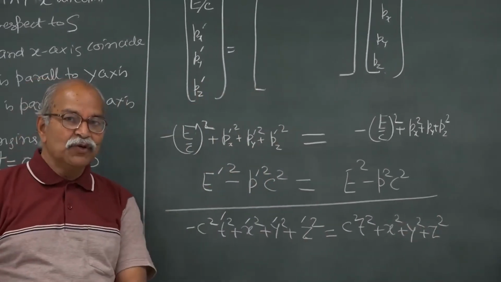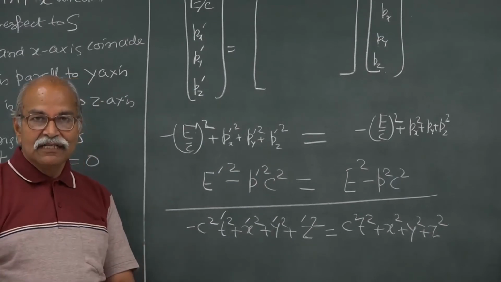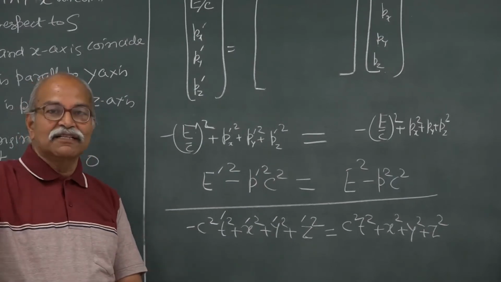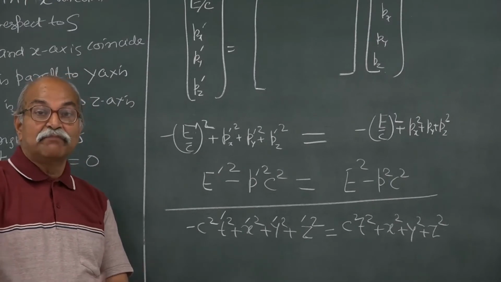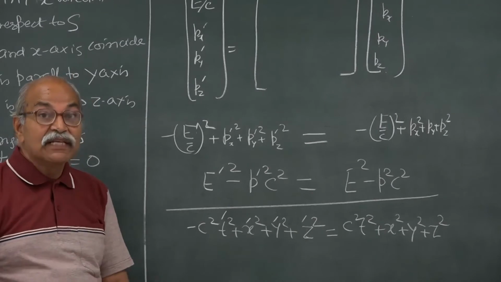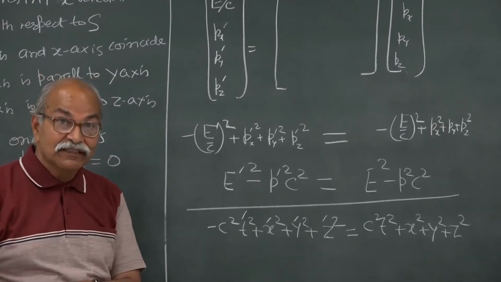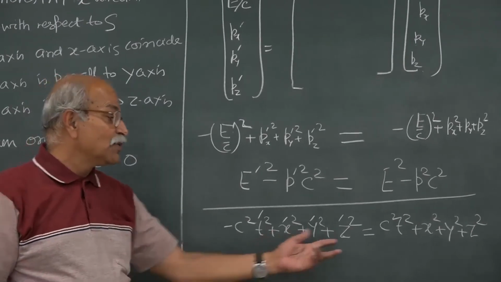No matter how you are going from one inertial frame to another inertial frame, whether the axes of the other inertial frame you have chosen are parallel to the original axes of the first frame or not, whether the second frame is moving in x direction or not, this quantity is not going to change.